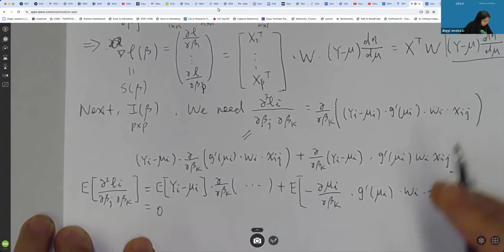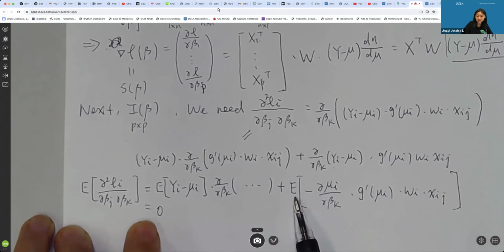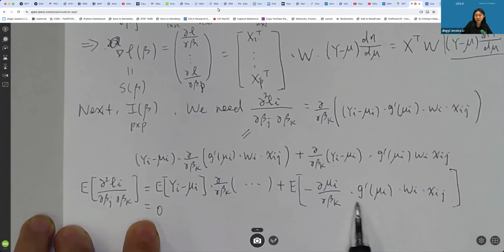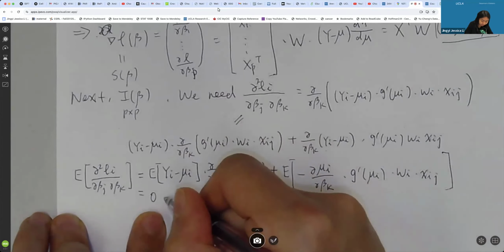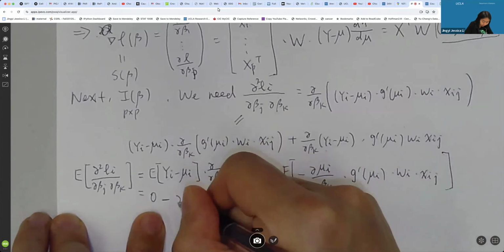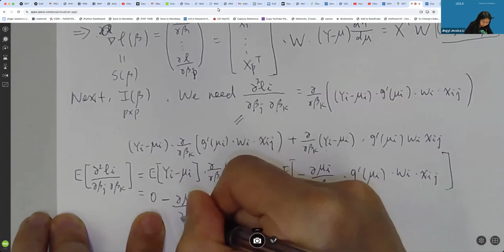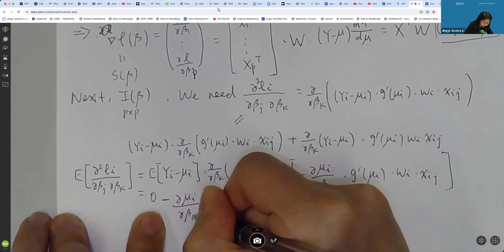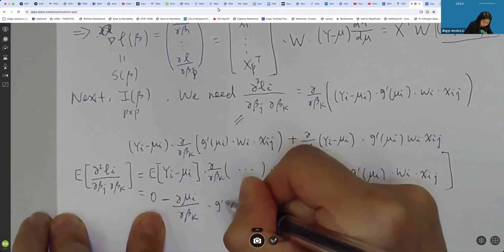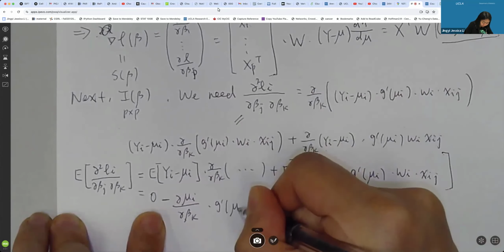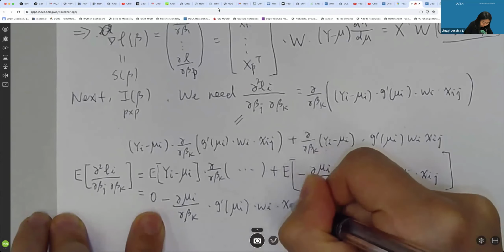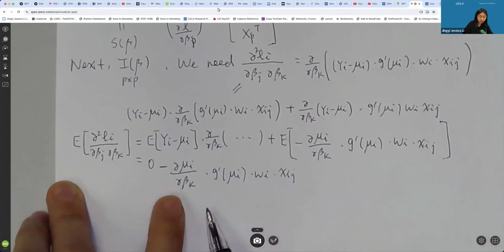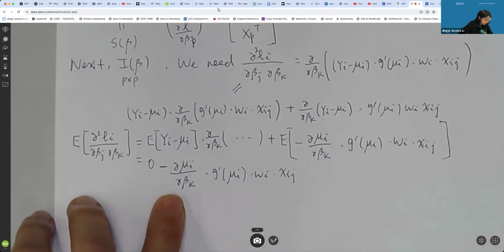And I can get rid of the expectation, because there's no randomness left in the second term. Everything is just a constant. So I keep everything: minus partial mu i partial beta k, g prime mu i, wi, xij. Then I'm only left to do this partial derivative.